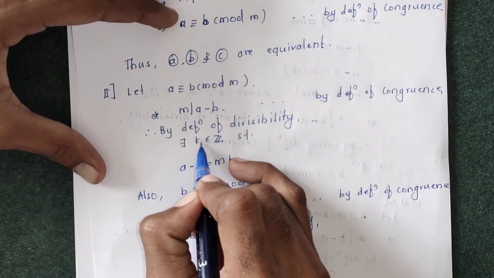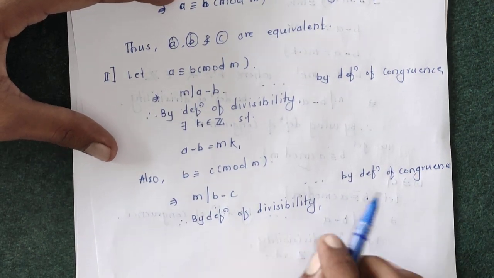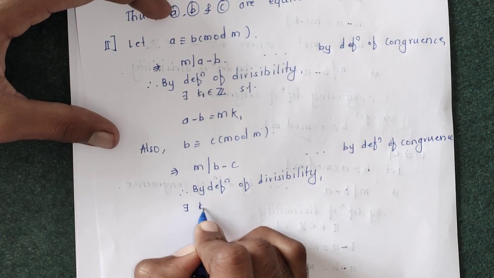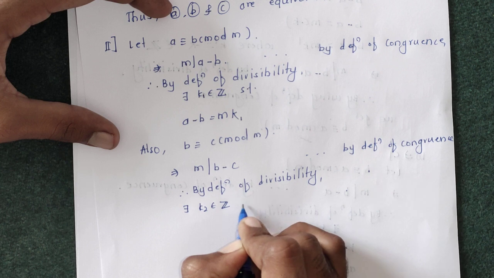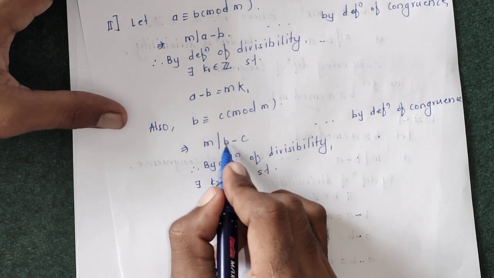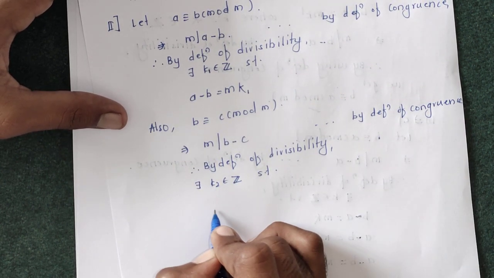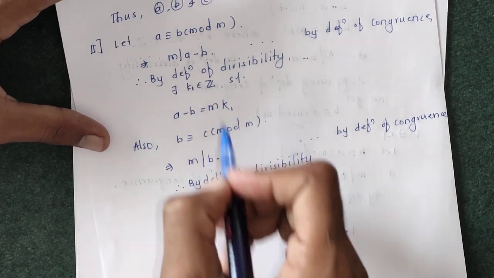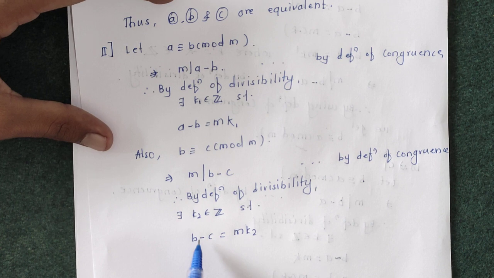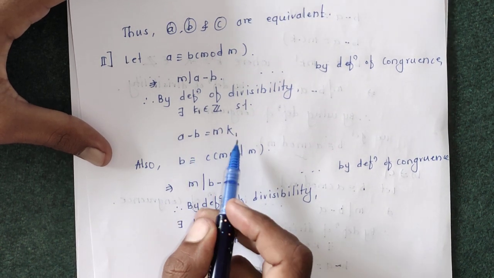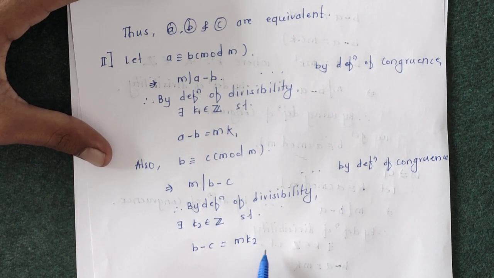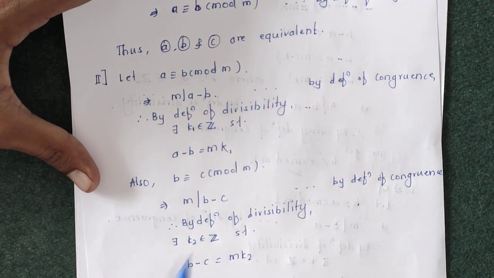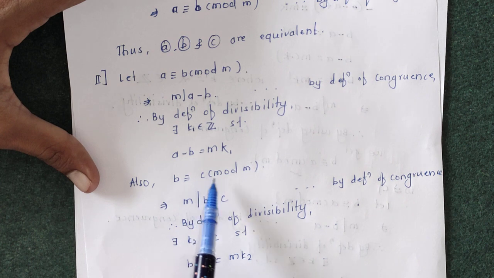Suppose this integer is k1 and the other integer is k2, where k2 belongs to Z, such that b minus c is equal to m k2. From the given things, we have simplified these as a minus b is equal to m k1 and b minus c is equal to m k2. We have to prove that a is congruent to c modulo m.